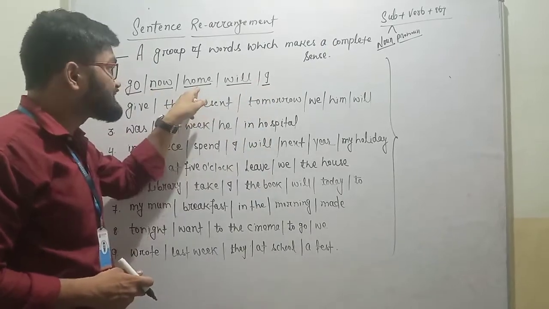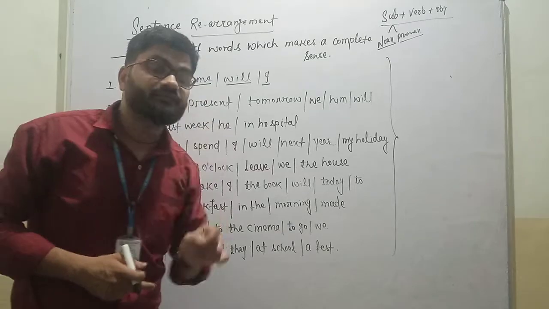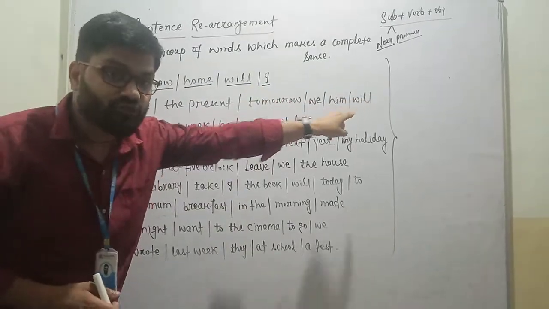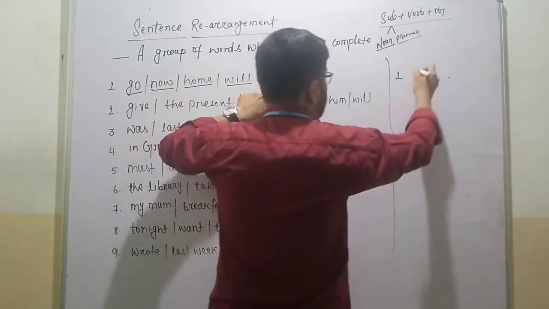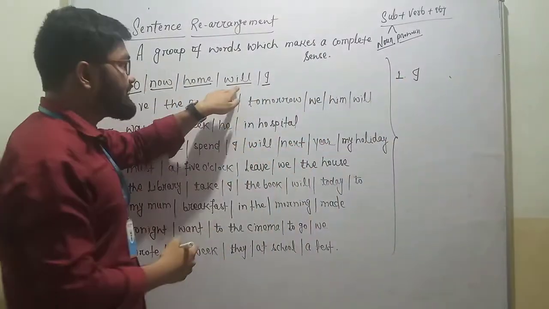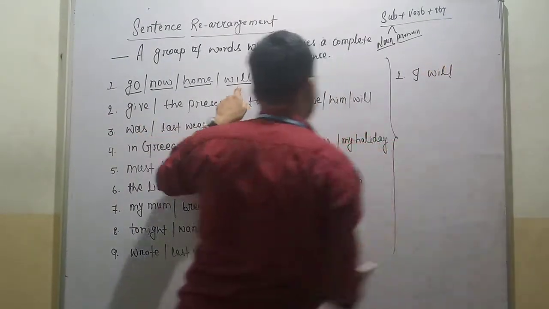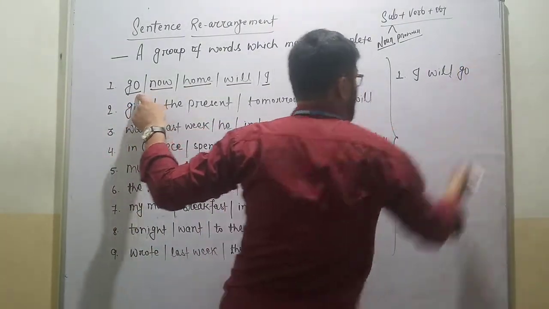So we should recognize whether home can be a subject or I can be a subject. Of course, when you start the sentence with home, it will not give you a complete sense. So you should start with I. I am writing the solution that side. Please have a look. It should be I, then helping verb will, and then action word go.